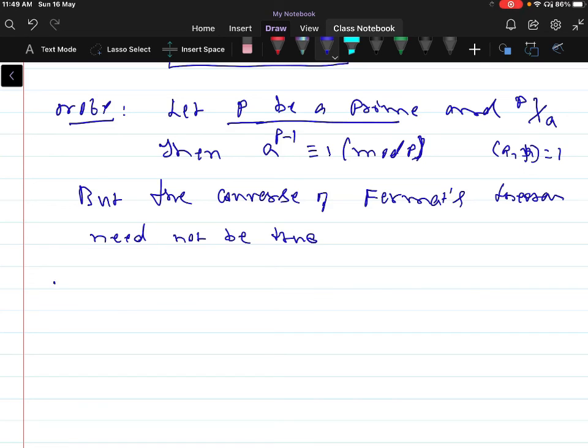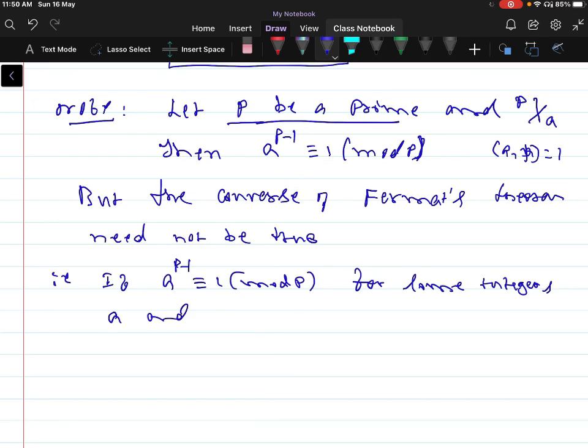That is, if a power p minus 1 is congruent to 1 modulo p for some integers a and p, then p need not be a prime.